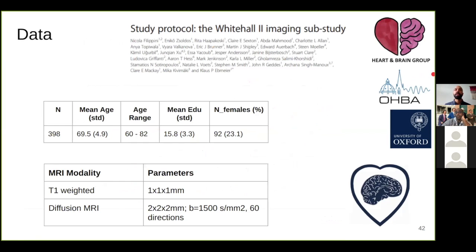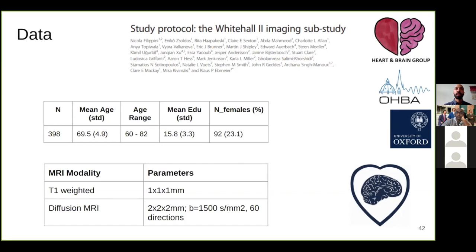So in this analysis, we're using a very unique data set from the Whitehall II imaging sub-study. So the Whitehall II study was started in the UK in the 1980s, and it's a very, very large study, about 10,000 total participants who were civil servants in the British government.